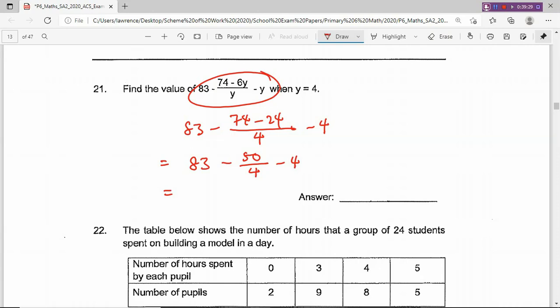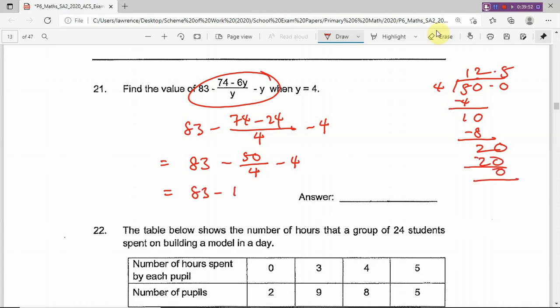So you have to find what is 50 divided by 4 first. This is a part where students get confused, because they thought that it must be a whole number, so they don't know how to continue from here. But it's normal to have a decimal, so you continue to divide, and you will get a decimal, which is 12.5. So 83 minus 12.5, then you minus 4.